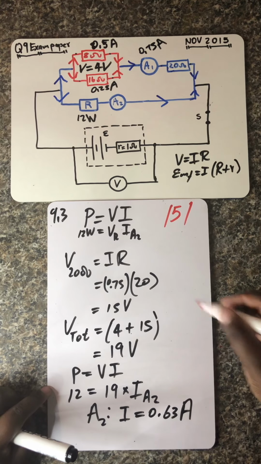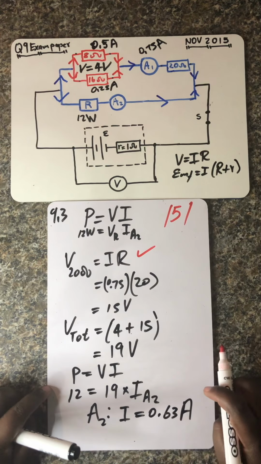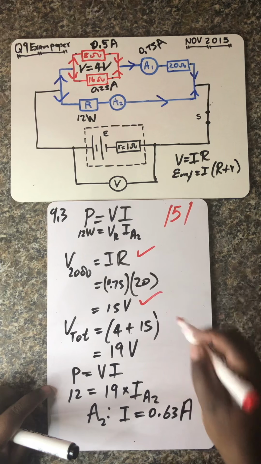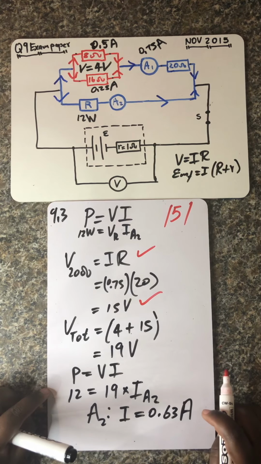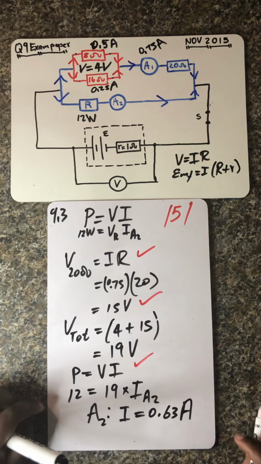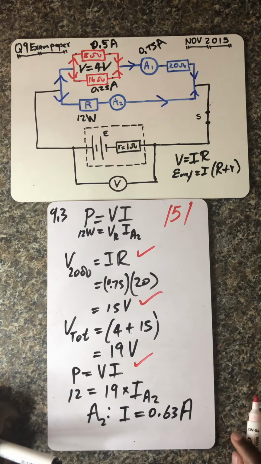They'll obviously give you the first mark for writing that formula, and again for you to calculate that V, they're going to give you a mark, and again they also give you a mark for that formula.